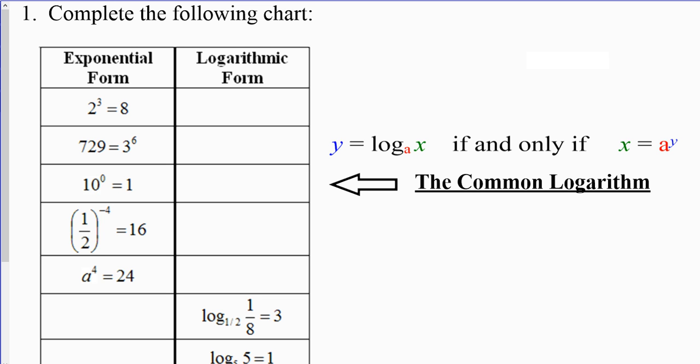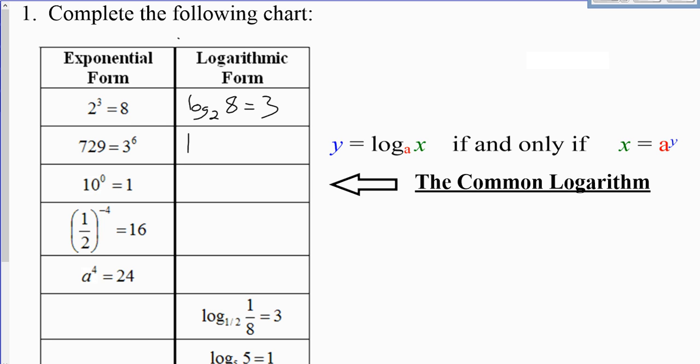Here we have a chart, and we want to make sure that we can go back and forth. If we are written in exponent form, we want to be able to write it in logarithm form. So this is going to be log base 2 of 2 to the 8th, and the answer to a logarithm is always the exponent, 3.